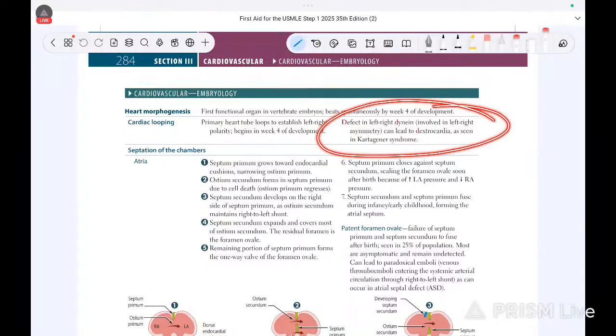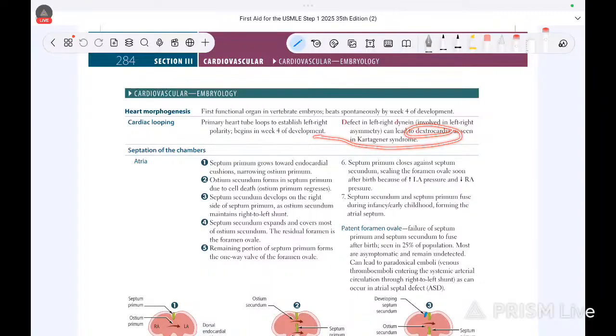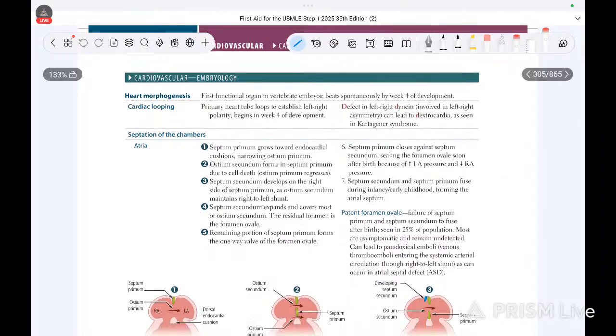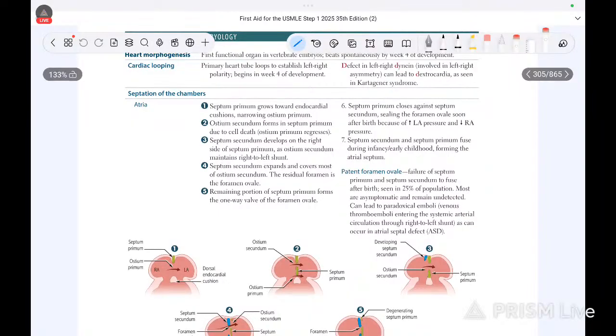Hence, because of a defect in this part, there is dextrocardia. In addition, Kartagener syndrome also has situs inversus. It also shows infertility. Okay, so next we come to the septations of the chamber.